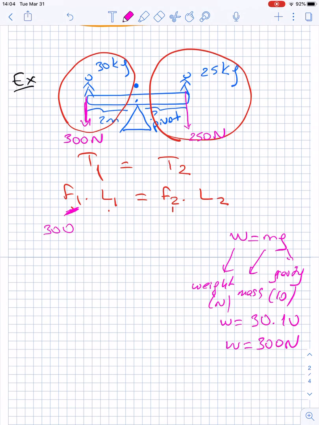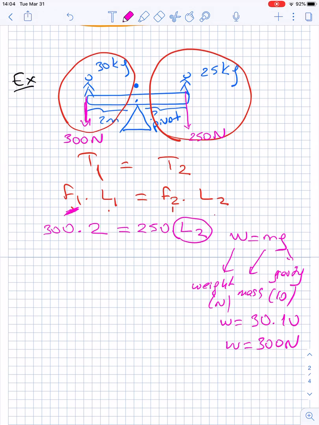First boy, it is 300 multiplying. What is the distance between the first boy and pivot? It is 2 meters. And second boy force is 250 Newtons.